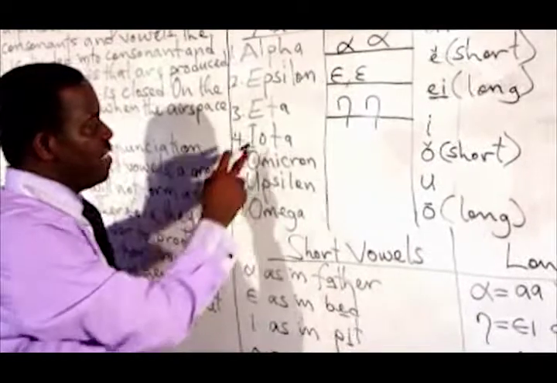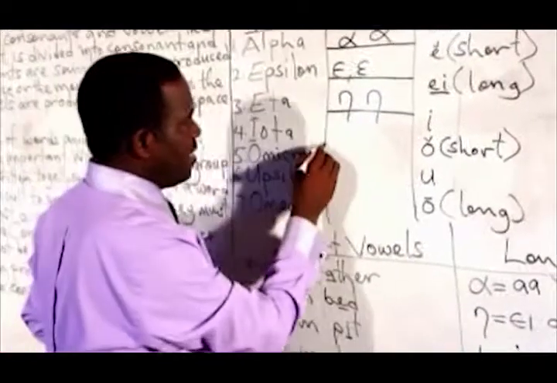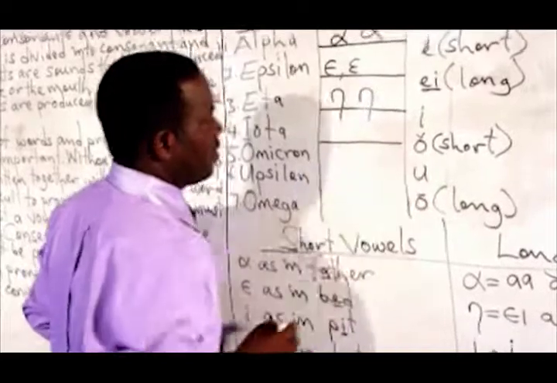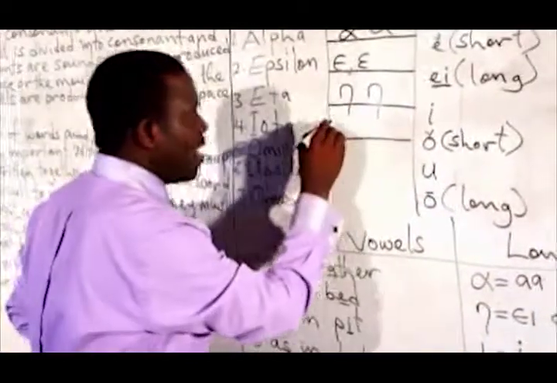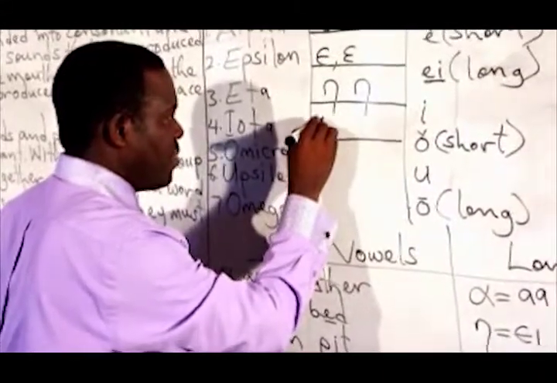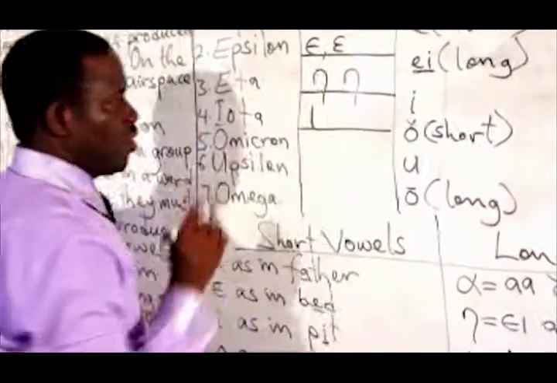The next Greek vowel is iota. And this is how to write iota. It's always followed by the base, and there's no dot on top.